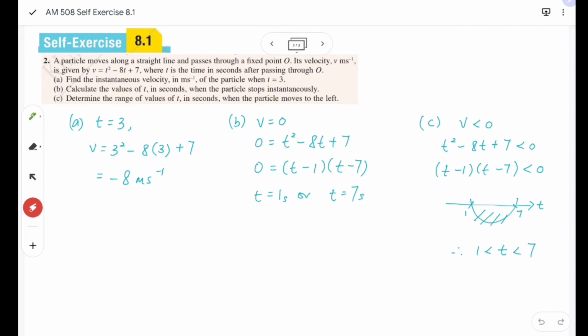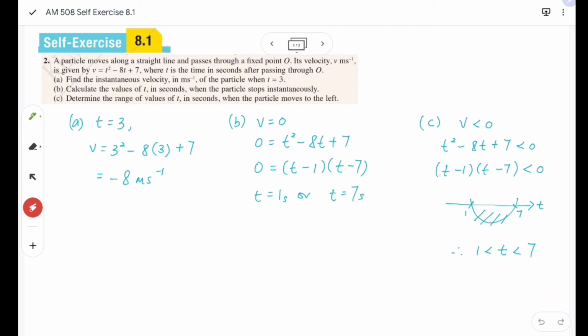C. Determine the range of values of t in seconds when the particle moves to the left. So when the particle moves to the left, the velocity will be less than 0. So t squared minus 8t plus 7 less than 0.